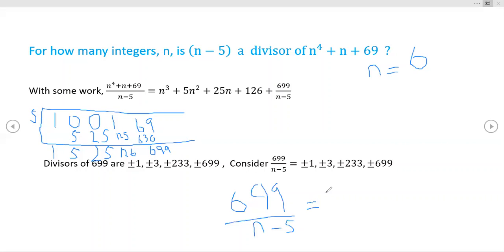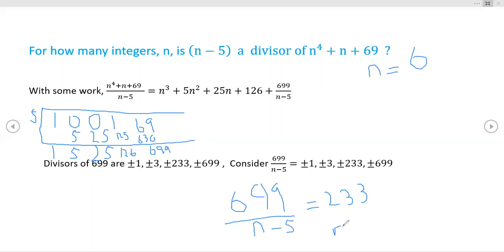Well, yeah, okay, that's fine. We can use whatever we want. But you see, that would force n minus 5 to be what? Sorry, let me write this out more carefully.